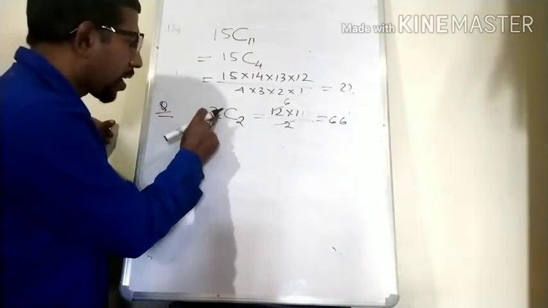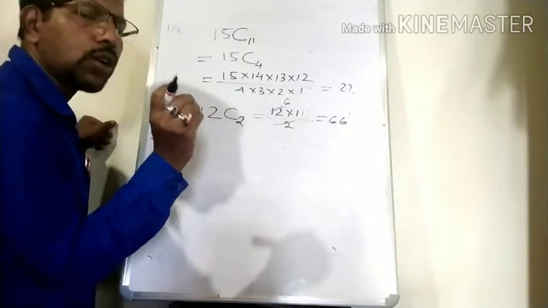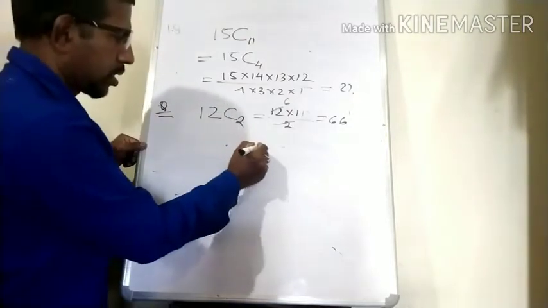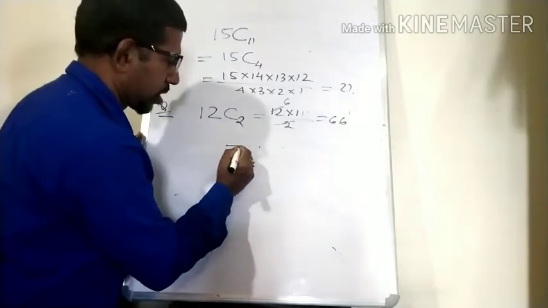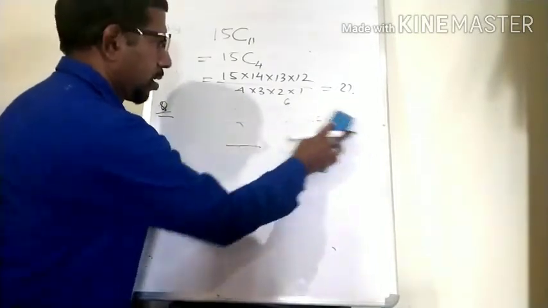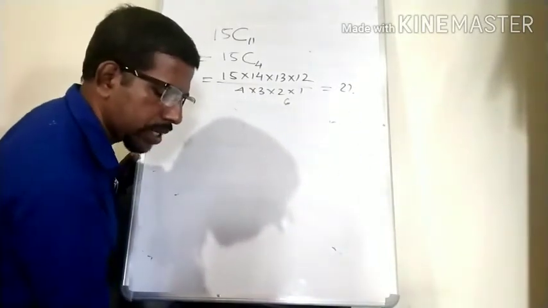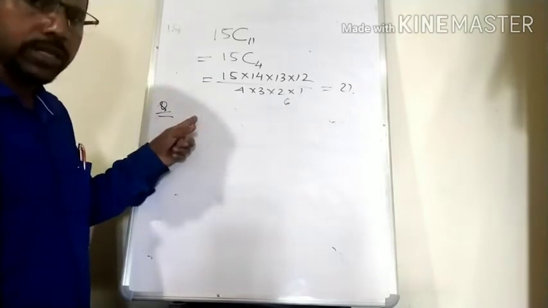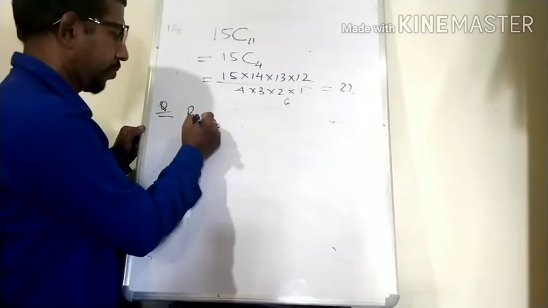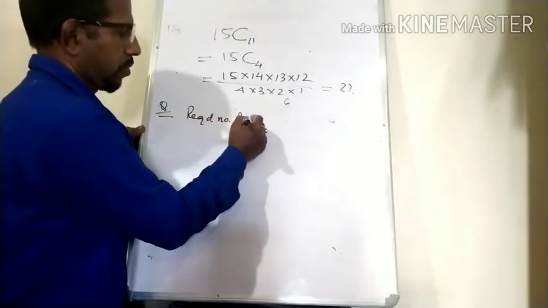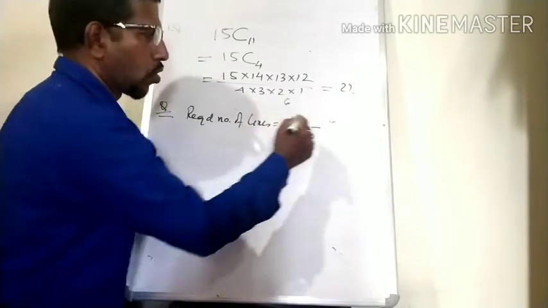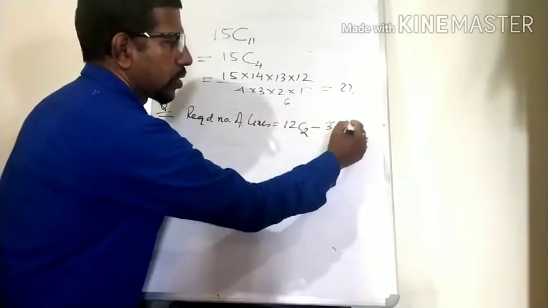But if there are 12 points, 3 of which are collinear, you have to find it differently. 3 points are collinear means these 3 points lie on the same line, so only one straight line can be obtained. I repeat the question: how many straight lines can be obtained from 12 points, out of which 3 points are collinear? So the required number of lines will be 12C2 minus 3C2, and that will give you one line.